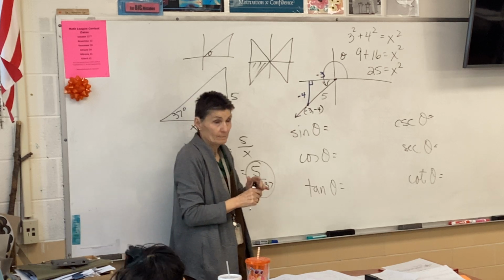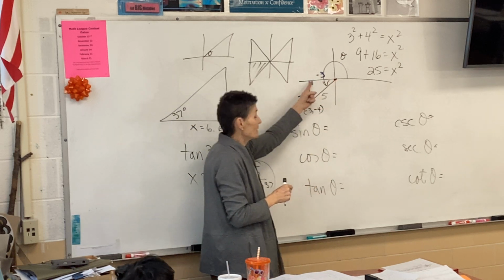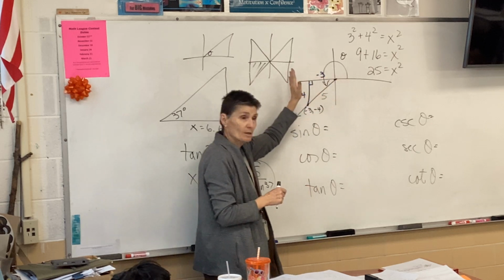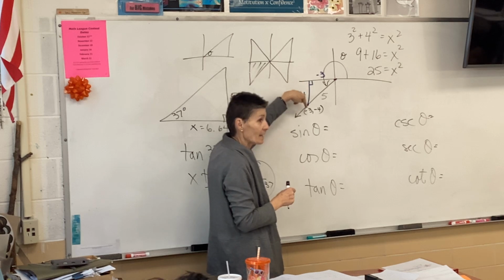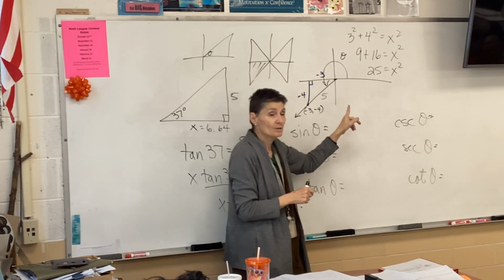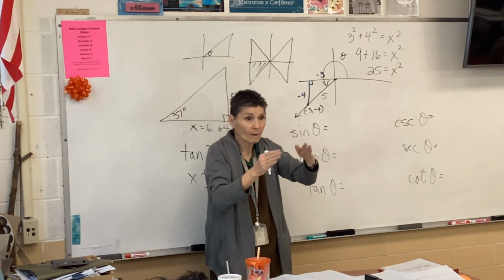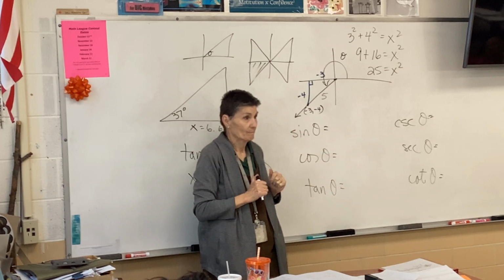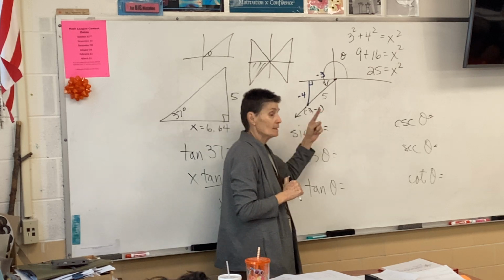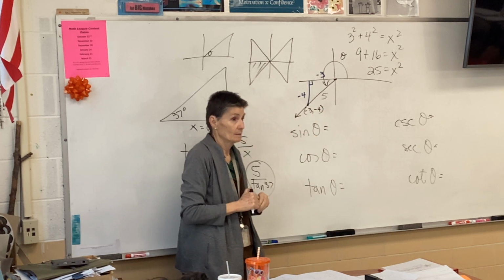Now, this can be negative. If you're left, that's going to be negative. This can be negative. If you're down, you're going to be negative. But the hypotenuse, this guy right here, is always positive.